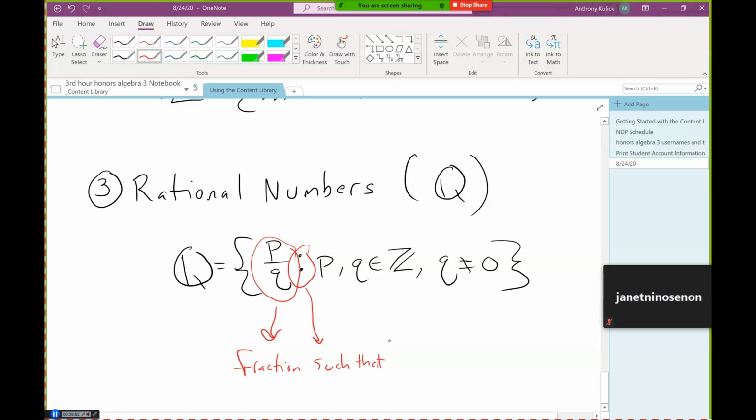Okay. So P, what part of the fraction is P? The numerator. And what part of the fraction is the Q? Okay.